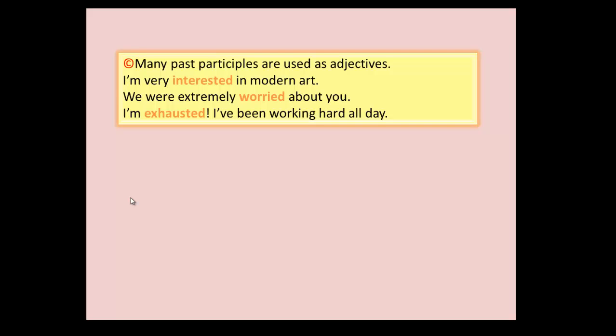Here is the meaning: I am exhausted. I've been working hard all day. Here, exhausted is an adjective and its meaning is tired. So don't confuse adjectives with past participles as verbs.